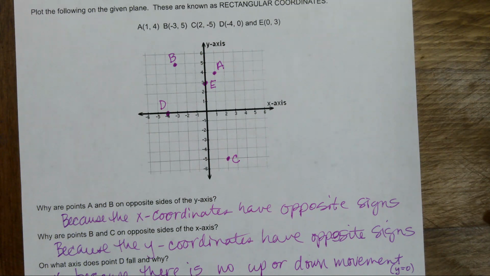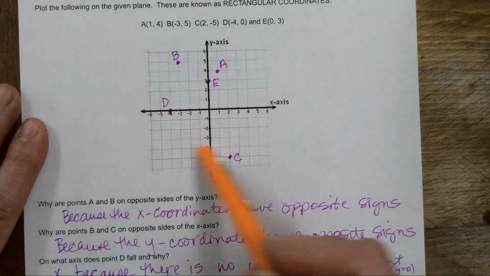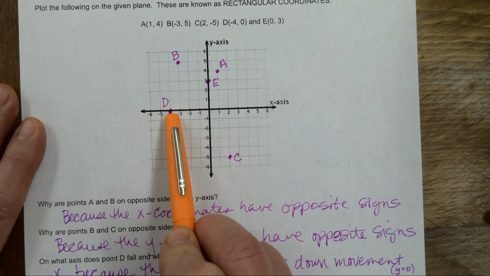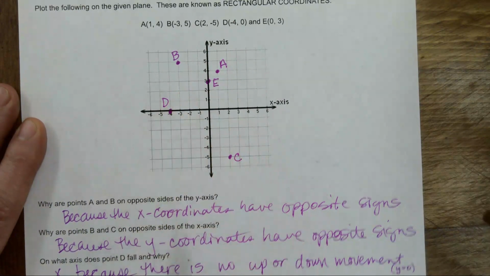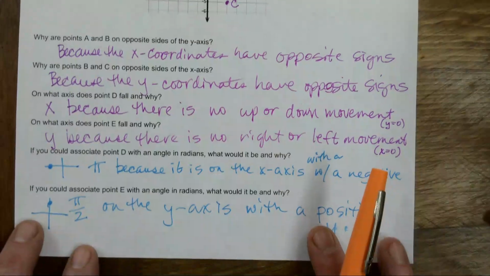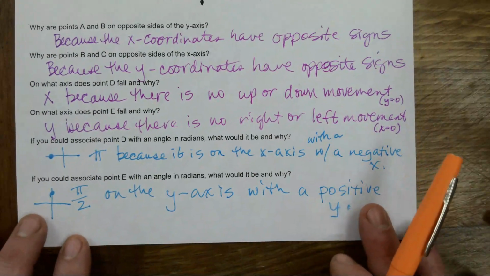Yeah, that spot on the left. If I could draw a unit circle on here, that would be the exact spot where pi would lie. Great. And then I'm guessing if you were able to do that one, hopefully it makes sense that E would be where pi over 2 is.